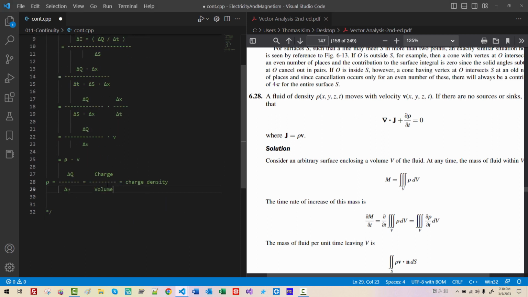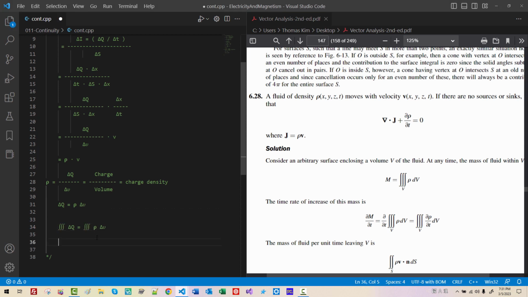Now, from the charge density equation, we can copy delta Q equals ρ dV here. We rearrange it. Now we take the volume integral.